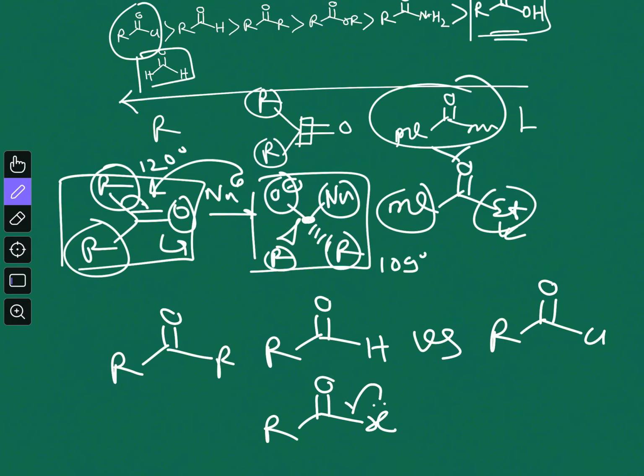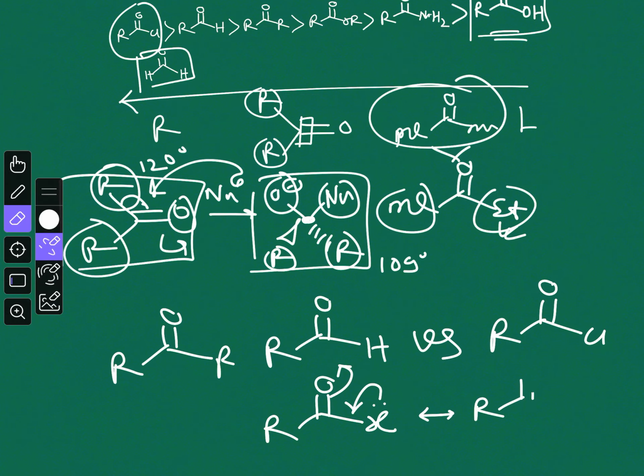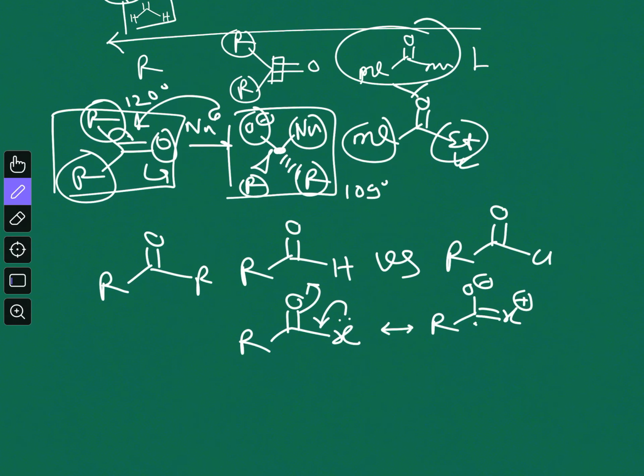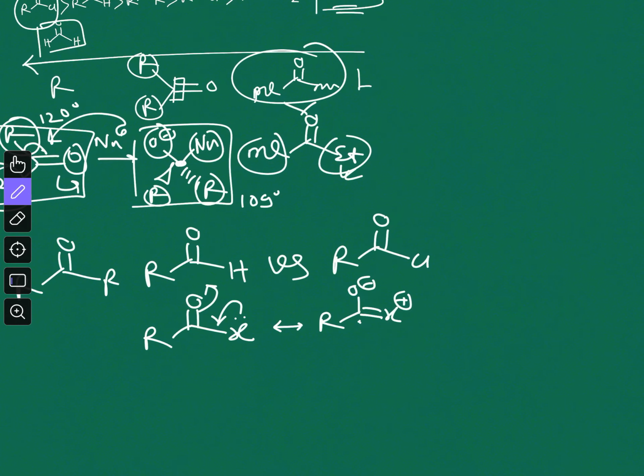One is the plus R effect, like this. This is how it actually pushes electrons onto the carbonyl carbon atom, and that makes this carbonyl carbon atom less electron deficient or more electron rich. So it reduces the reactivity.